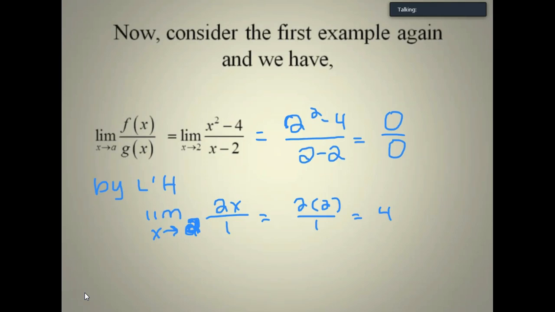So you show the 0 over 0, then you say by L'Hopital, and you show the limit with the derivative of the numerator over the derivative of the denominator and find your value.